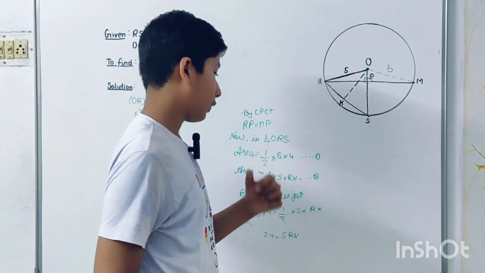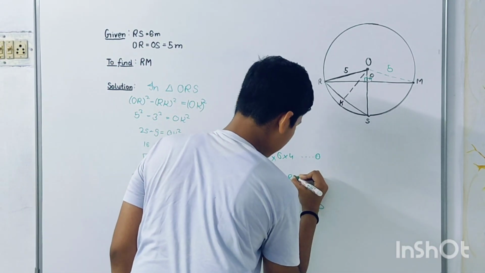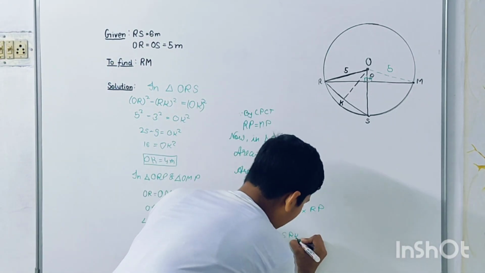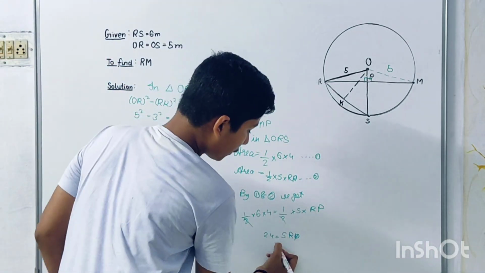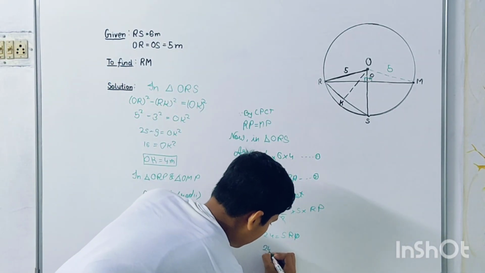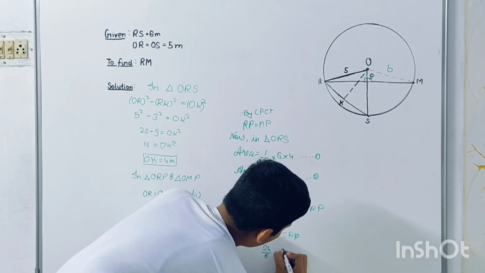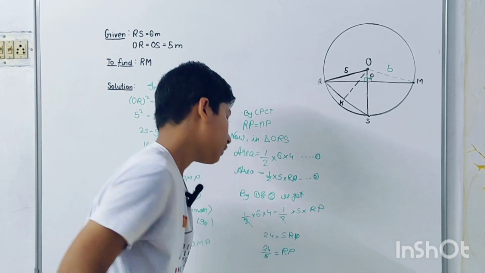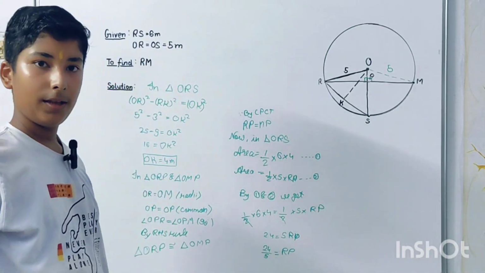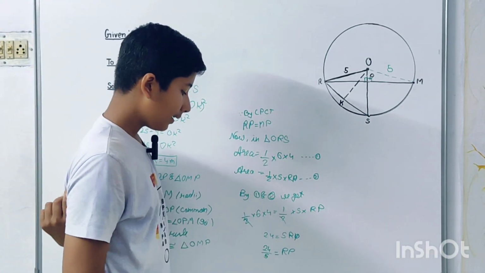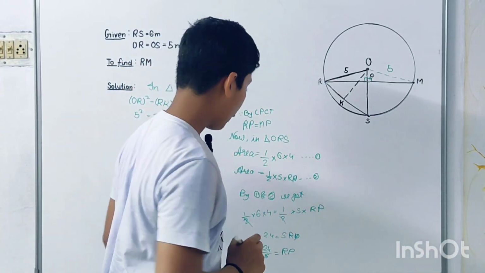I mean RP, sorry. Here it would be RP. 5 RP. Now 24 by 5 equals RP. 5 4s are 20, and 4 will be left. 5 8s are 40.